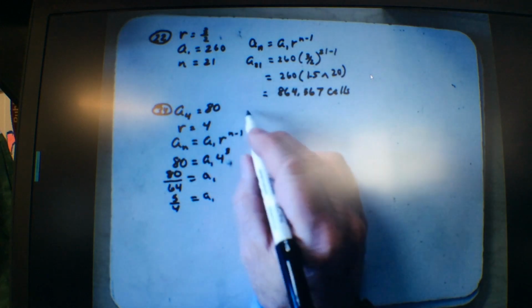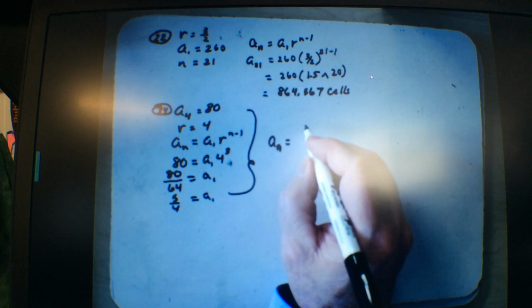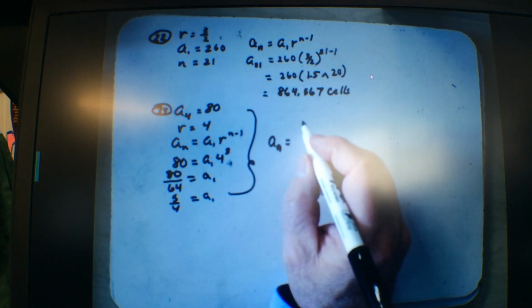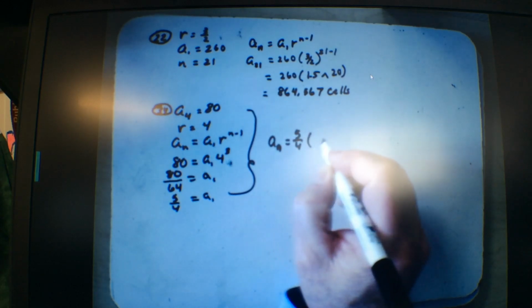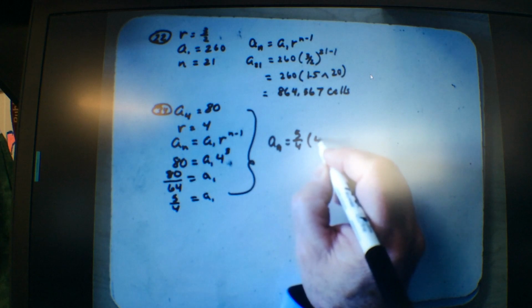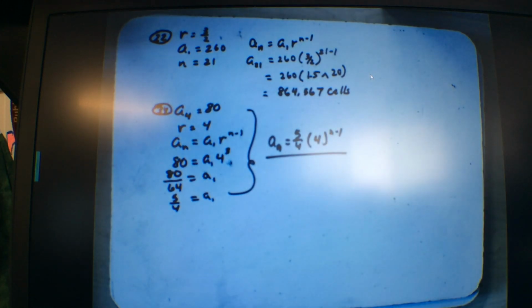So my formula, after all of this, is a sub n equals a sub 1, which is 5/4, correct? 5/4 r, which is 4 to the n minus 1. There's my answer.